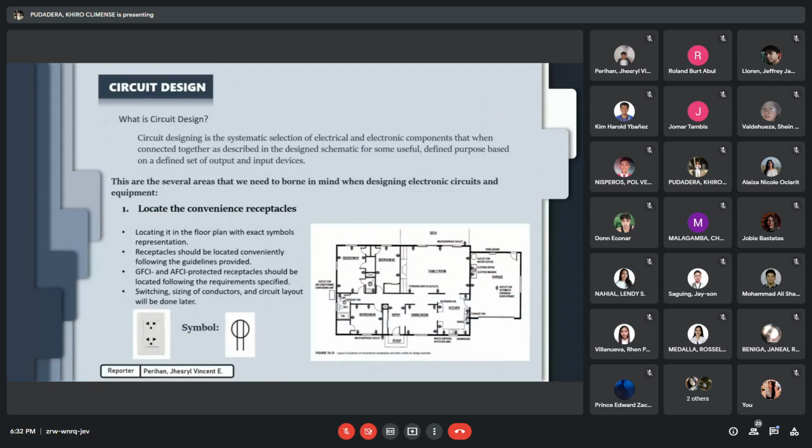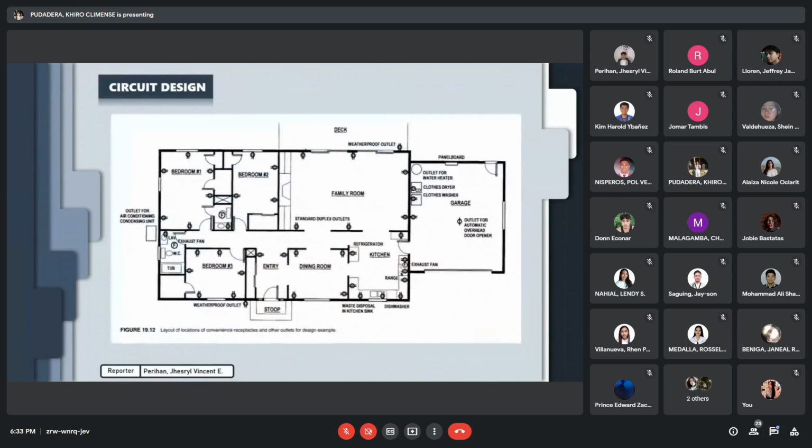GFCI and AFCI protected receptacles should be located following the requirements specified. Switching, sizing of conductors, and circuit layout will be done later. As you can see in the floor plan, these are our receptacles or outlets.